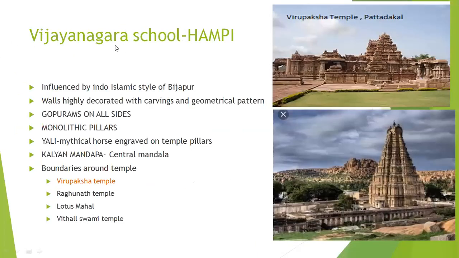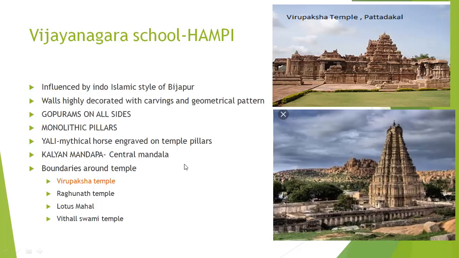Now the Vijayanagara school at Hampi. This school was influenced by the Islamic style at Bijapur. The high walls are decorated with carvings and geometric patterns. Look at these. The gopurams are there on all sides. Basically, all four sides. The entrances are known as the gopuram. On all the four sides, gopurams are present.